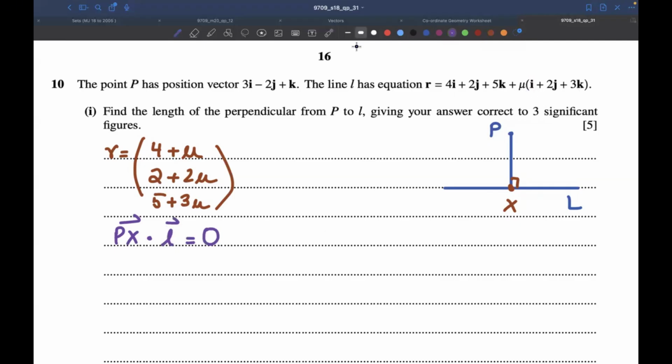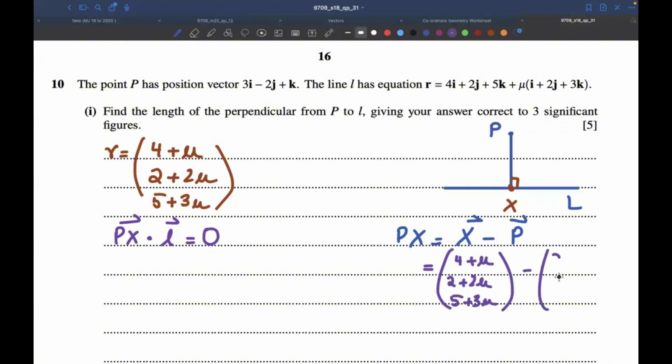To find the direction of PX, we write PX equals X minus P. The coordinates of X we do not have, but as X lies on line L, they will be of the form (4 + μ, 2 + 2μ, 5 + 3μ), subtracted from the coordinates of P, which are (3, -2, 1).